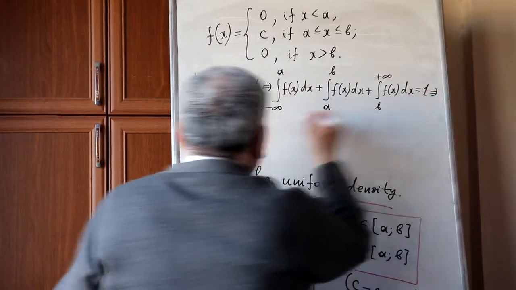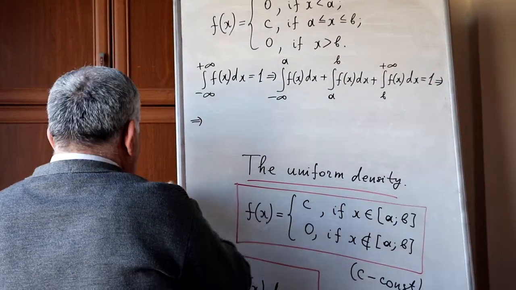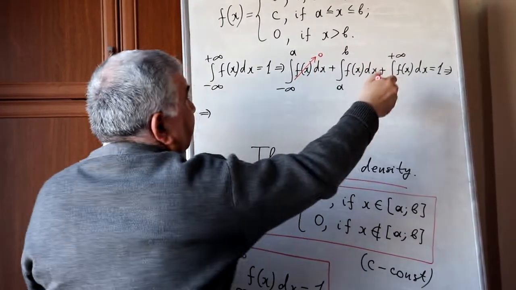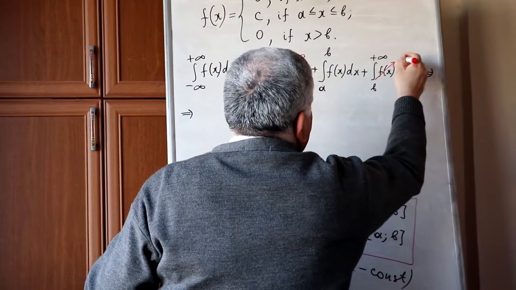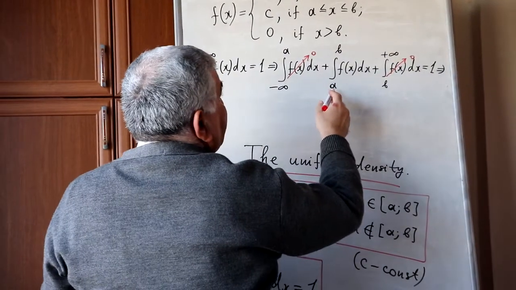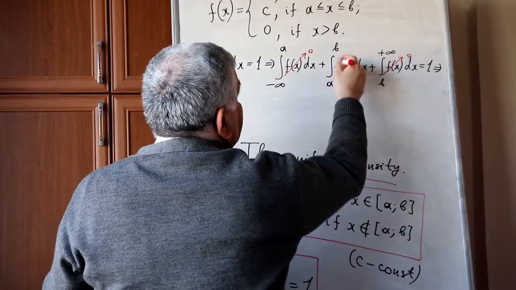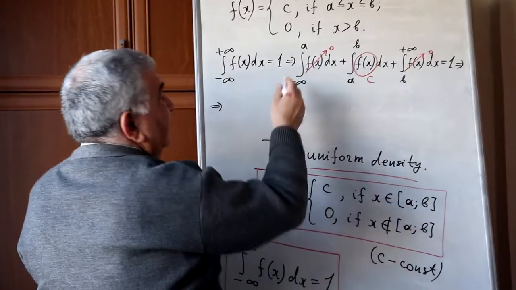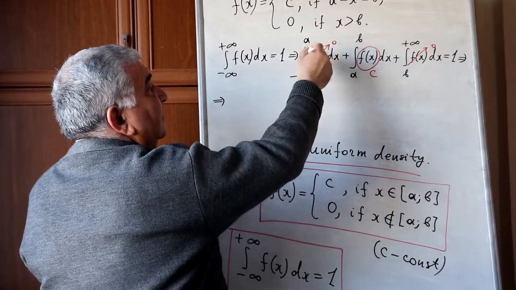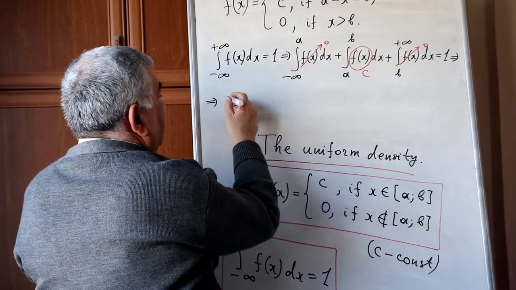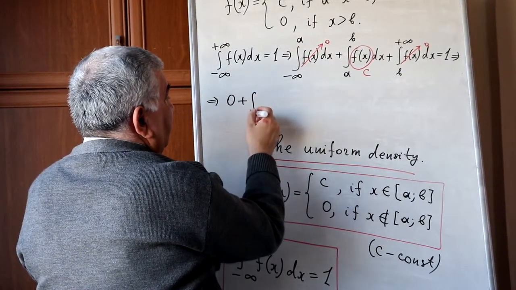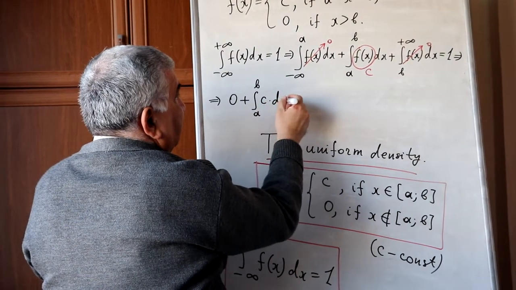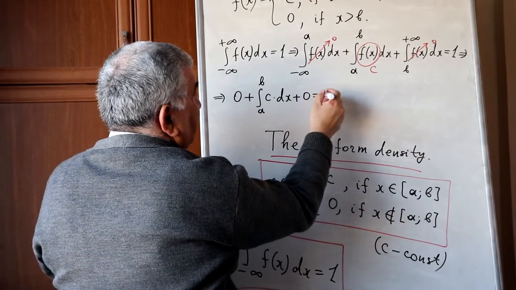Continue. Before a, f of x is 0, and after b also f of x is 0. But between a and b, f of x is c. We write. And the definite integral of 0 is also 0. 0 plus integral from a to b, c multiplied by dx plus 0 is unit.